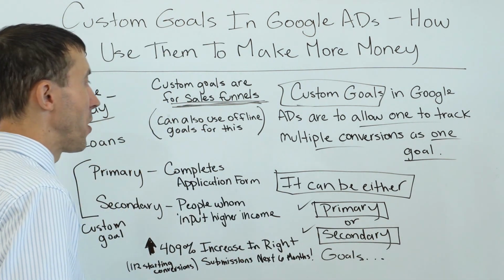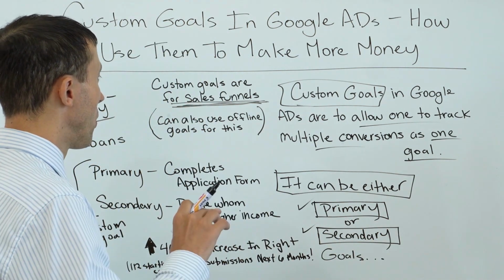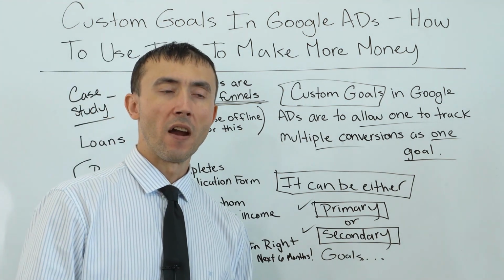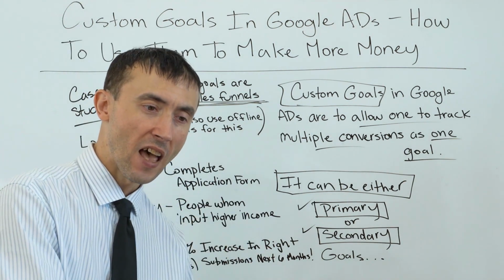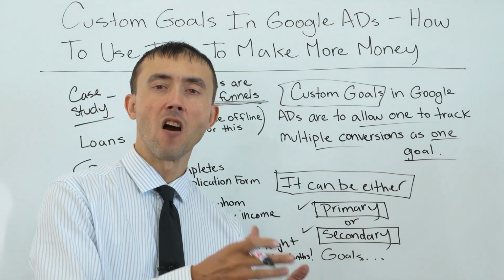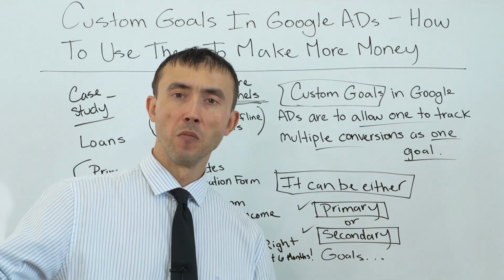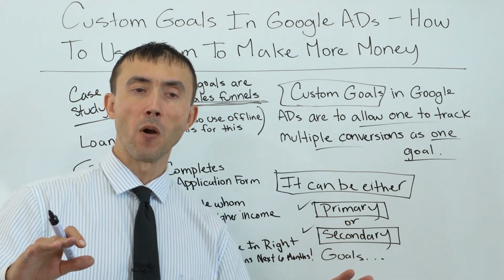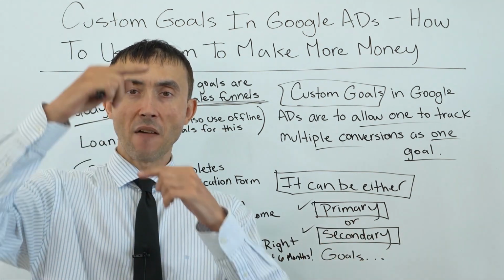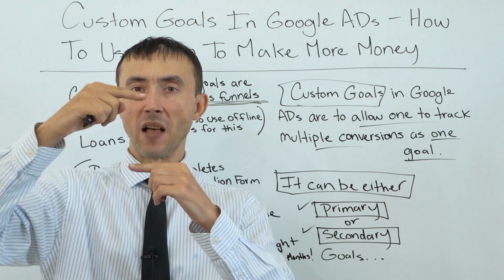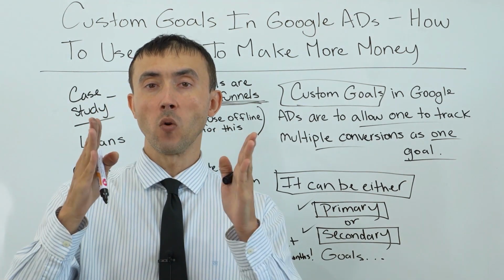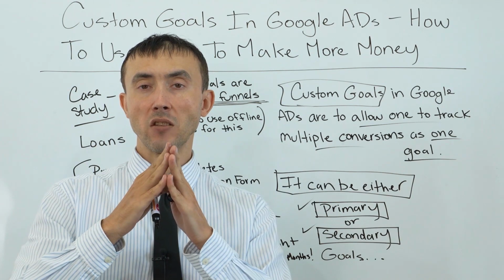We will often have a multi-step form. Just to clarify, if you don't know what a multi-step form is, instead of having a form with first name, last name, all that, it's a form where you typically ask one question, such as, what's your name?